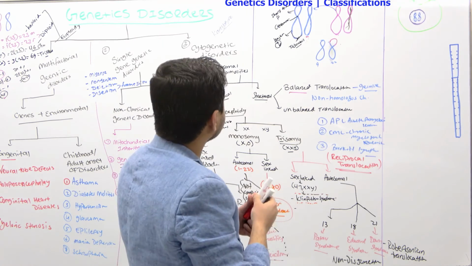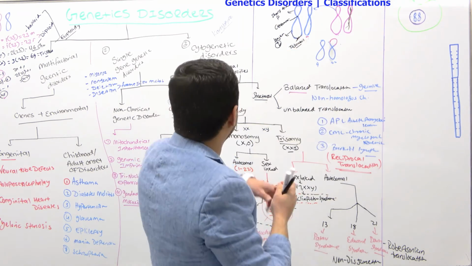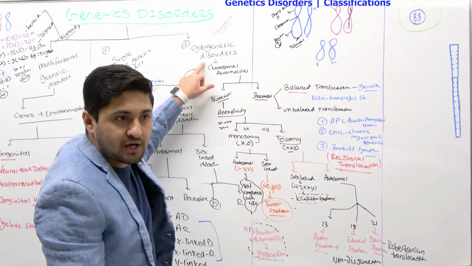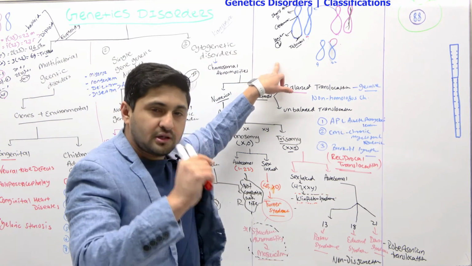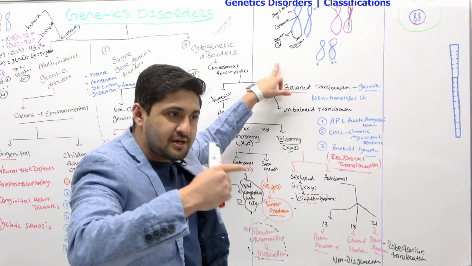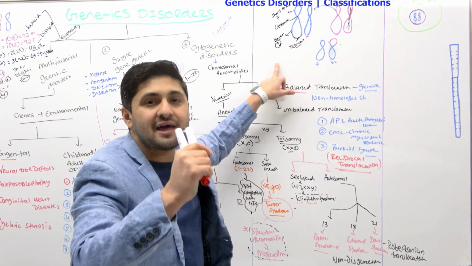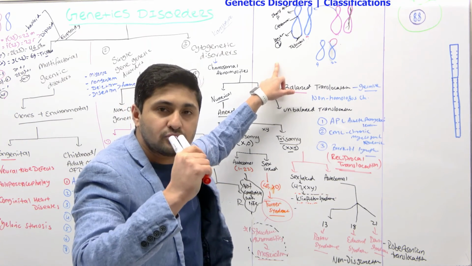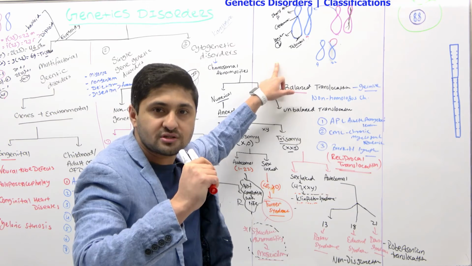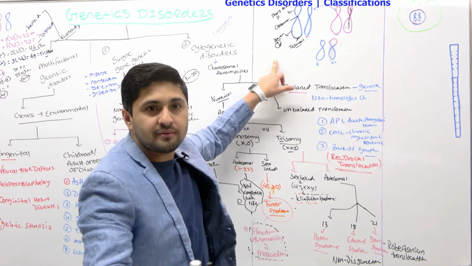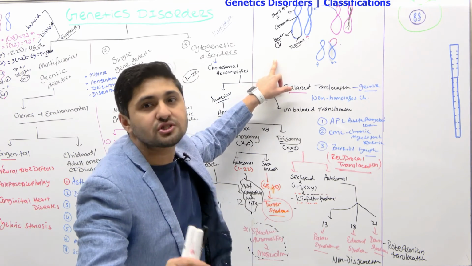Now, in the karyotype, usually the chromosomes are numbered according to their length and size. Which means that chromosome number 1 is the largest, and the last chromosome is the shortest.